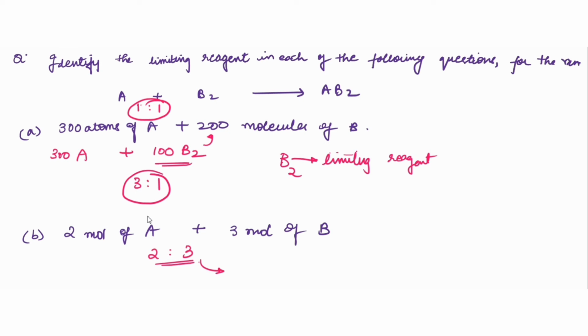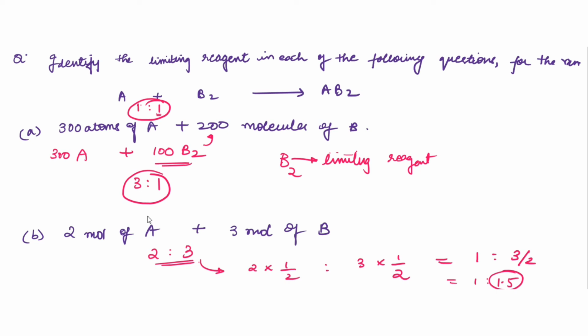This is the confusing part, so listen carefully. In the first step we wrote the ratio as 1:1. Here we got the ratio as 2:3, so we have to simplify. Multiplying 2 and 3 by 1 by 2 on both sides, the 2 gets cancelled, leaving us with 1:1.5.